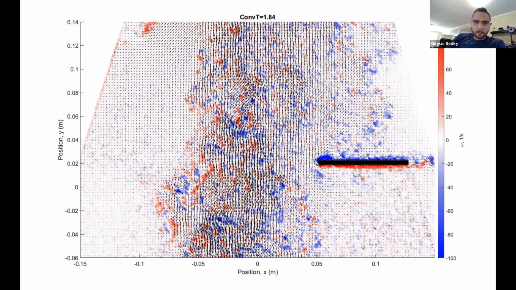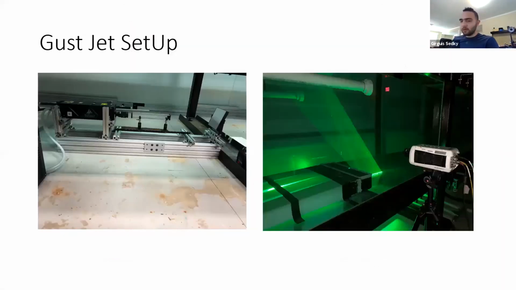Now, the second setup I wanted to show is of just doing PIV on the gust itself. The reason I was doing that is we did a redesign of our gust generator, to get better flow quality.